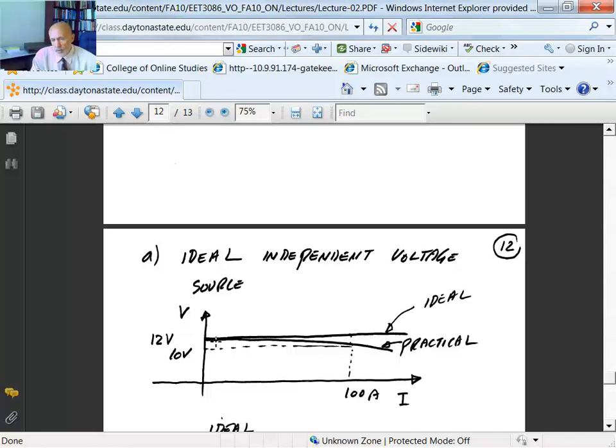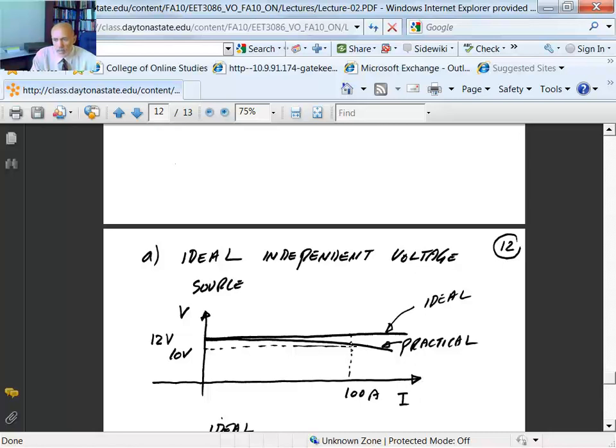Now, if you have your headlights on at the same time you're trying to start a vehicle, and you put a voltmeter across your battery terminals, you see the voltage is going to drop, and if the headlights are on, you can see they get dimmer. What really is happening when you're drawing too much current? Ideally, an independent voltage source means that the voltage is independent of the current that you draw.